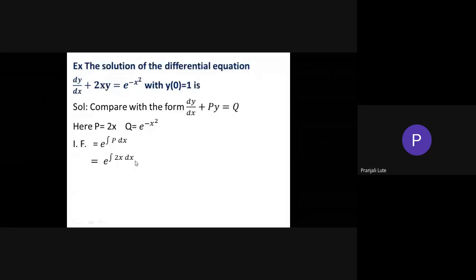What is the integration of 2x? 2 is a constant term, so write it outside, and integration of x is x square by 2. So e to the power 2 x square by 2, the 2 gets cancelled. So what is the integrating factor? e to the power x square is the integrating factor.